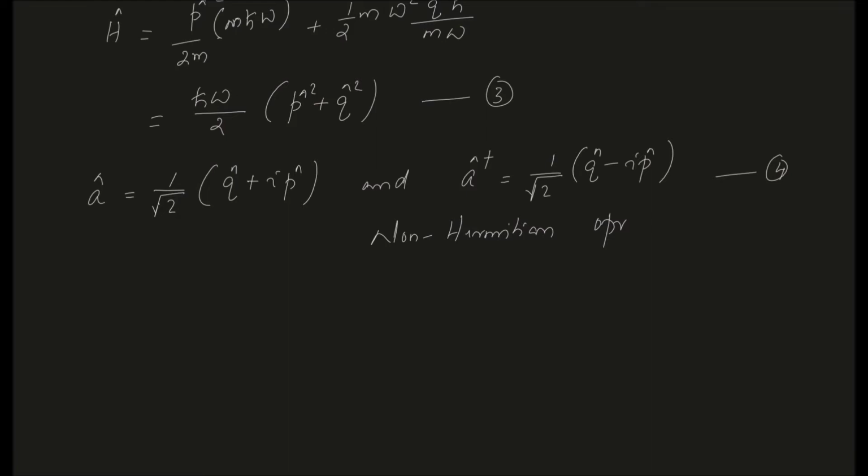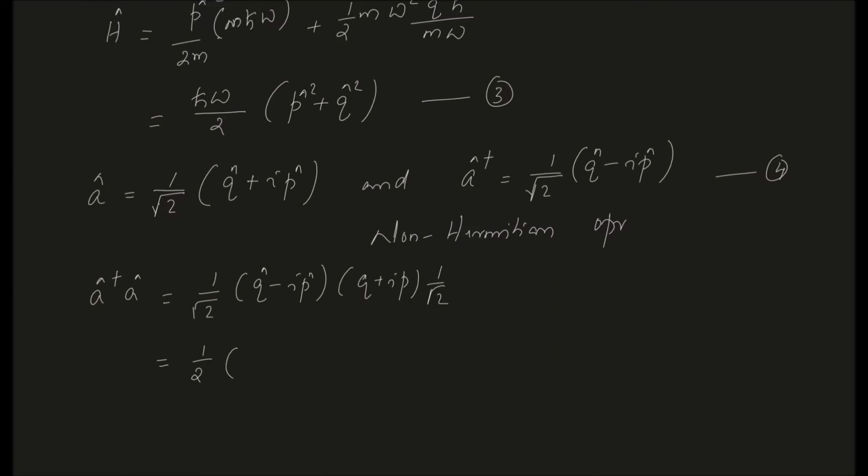Now with this definition, let's see what A dagger A is. So A dagger A is basically 1 by root 2 (q minus ip) into (q plus ip) 1 by root 2. So this is 1 by 2.